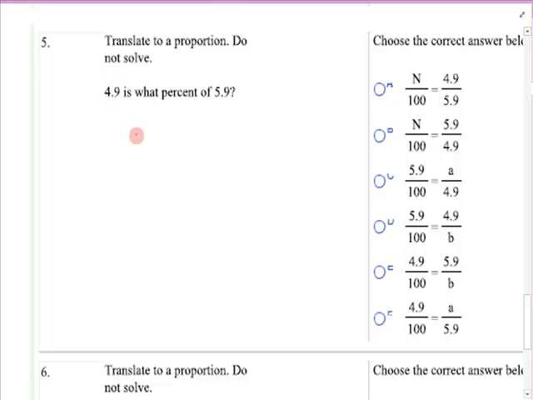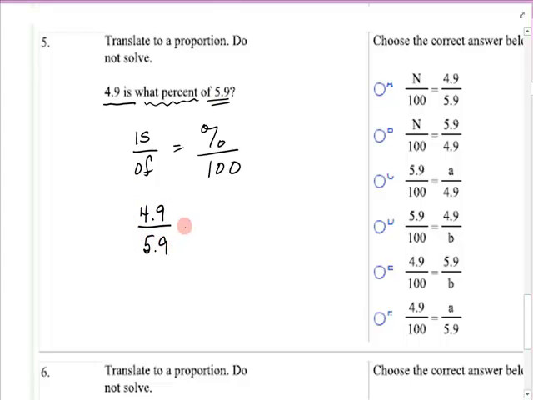Okay, next one: is over of equals percent over 100. 4.9 is what percent of 5.9? So 4.9 is the is. 5.9 comes after the word of.